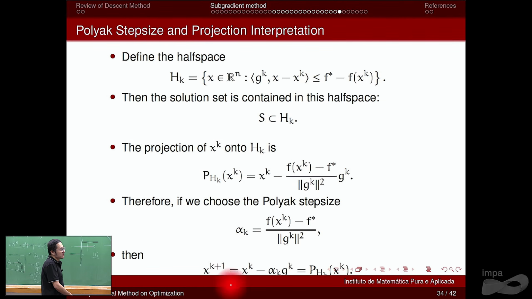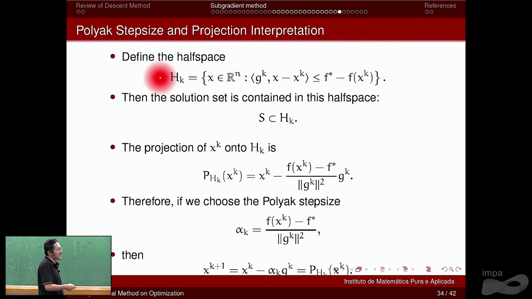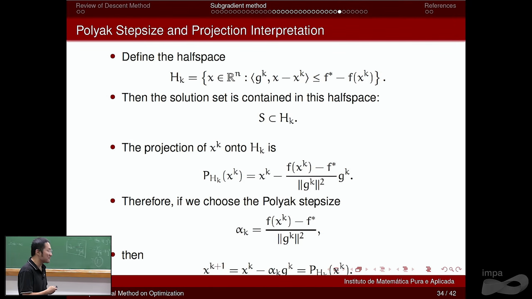So if you choose the Polyak step size, the subgradient method is just the projection of xk onto these half spaces. And these half spaces separate your current point xk and the solution set S. And the set S is defined as the argmin of F, which is the solution, okay? So after this we can say the subgradient method with a Polyak step size is a kind of projection method, okay?